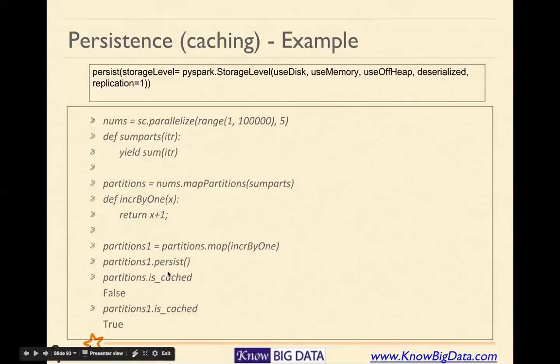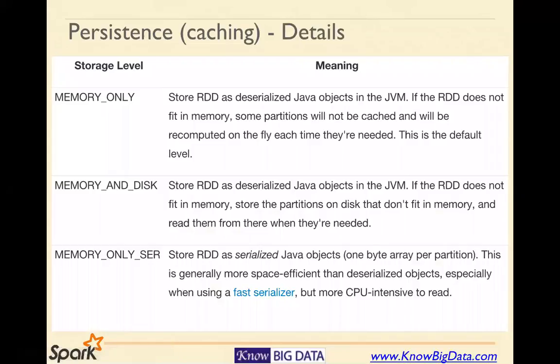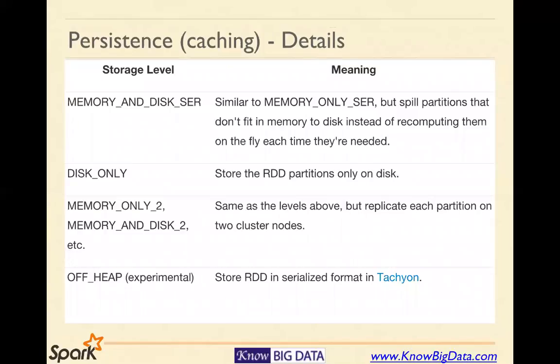Okay, there's a function called persist, and it provides you all kinds of options, such as where you want to keep the storage: memory only, memory and disk, memory as a serialized object, memory and disk as a serialized object, and the third one is disk only, and so on.